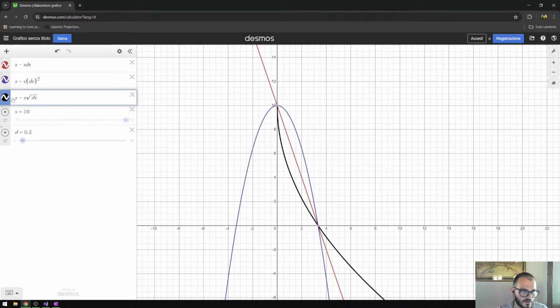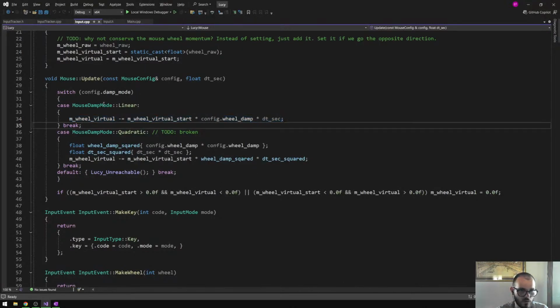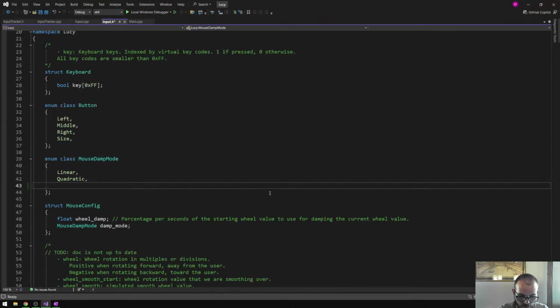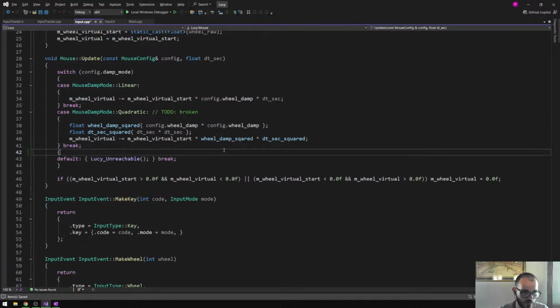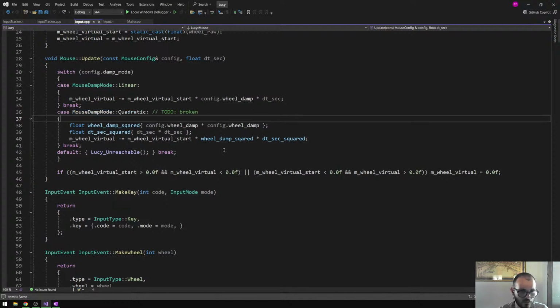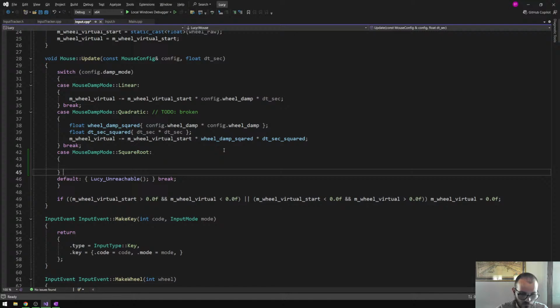Another thing is that we not only can have a quadratic but also a square root. I would love to have all three here in the mouse damp mode: linear, quadratic, and square root, and obviously I would love to have the square root implemented.